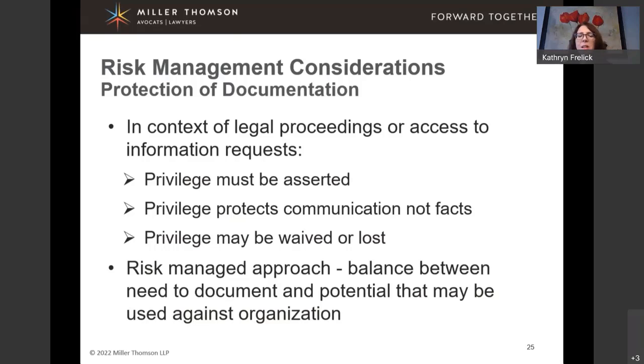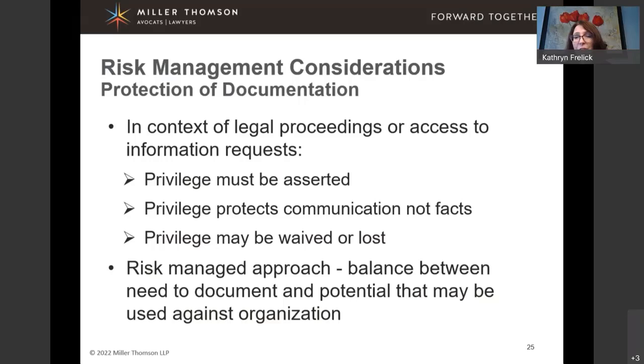It protects communication, but not facts. So it allows you to, for example, express opinions in a document, but the facts relating to the situation itself are not protected.